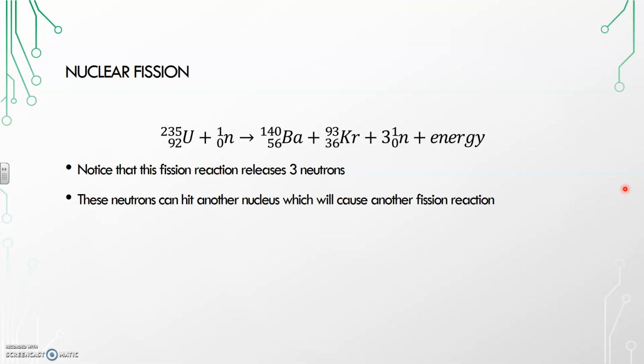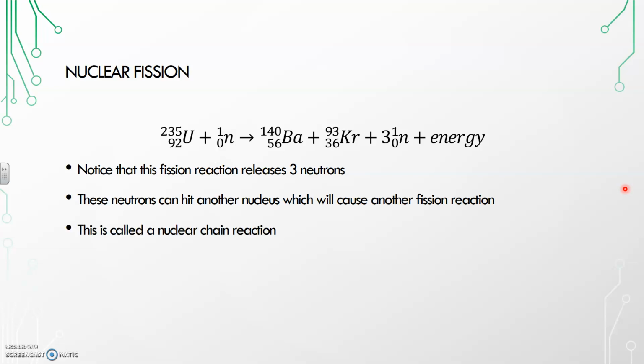So that will also cause a fission reaction, or can at least, where that nucleus is going to break apart, releasing a whole ton of energy. And then if that reaction also releases more neutrons, they can go on and hit more. And because these reactions generally don't release just one neutron, you can use one neutron to produce thousands of reactions through just a couple of these chain reactions.